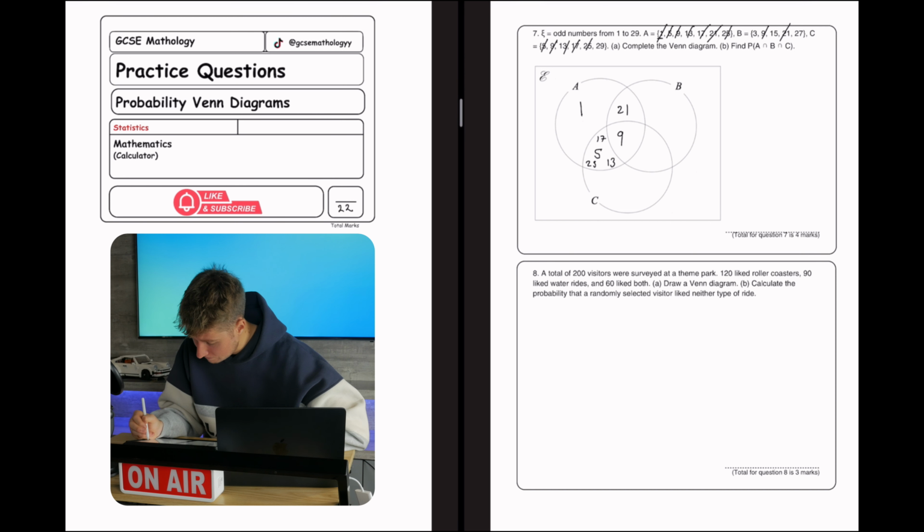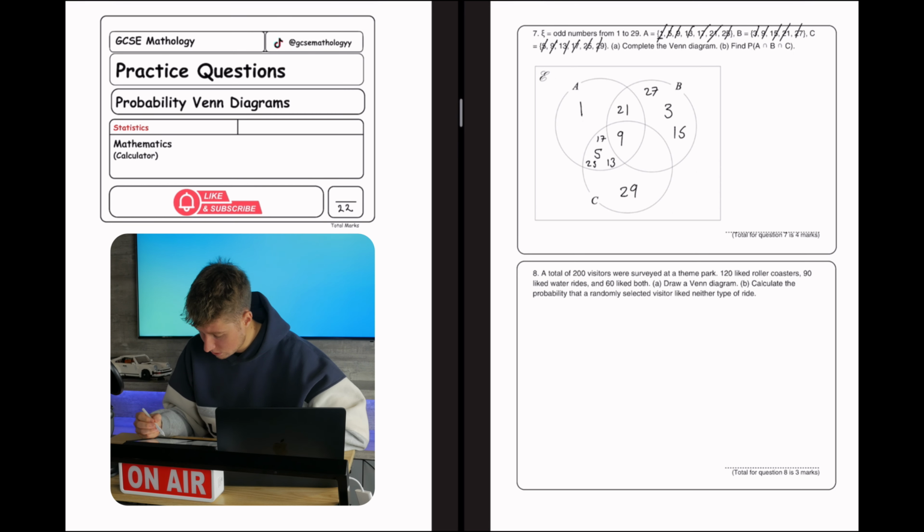So we've got 3. So 3 just occurs in B. We've got 15 that occurs in just B. And then we've got 27 that just occurs in B. And we've got 29 that occurs in C.